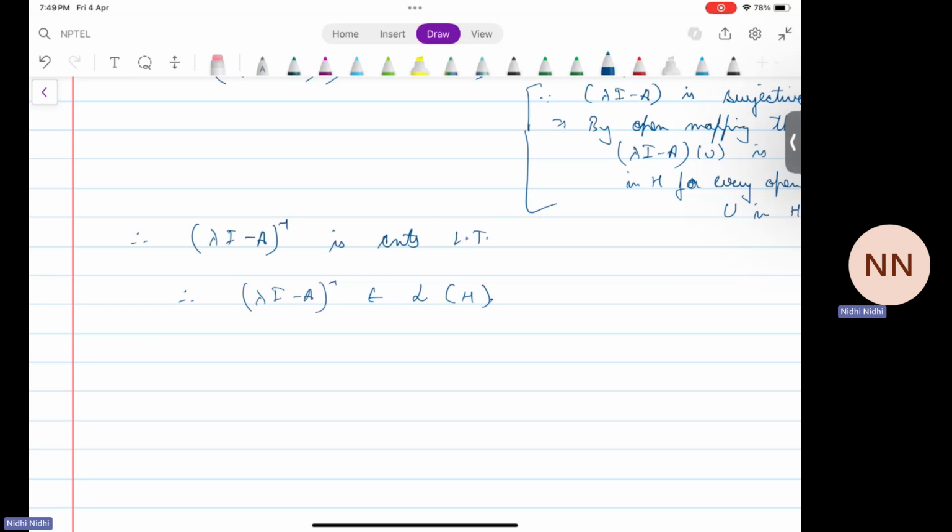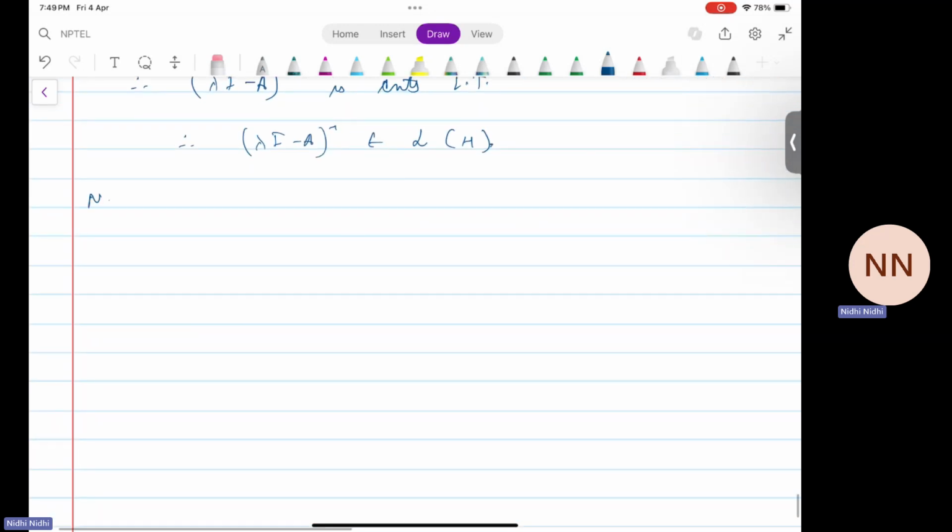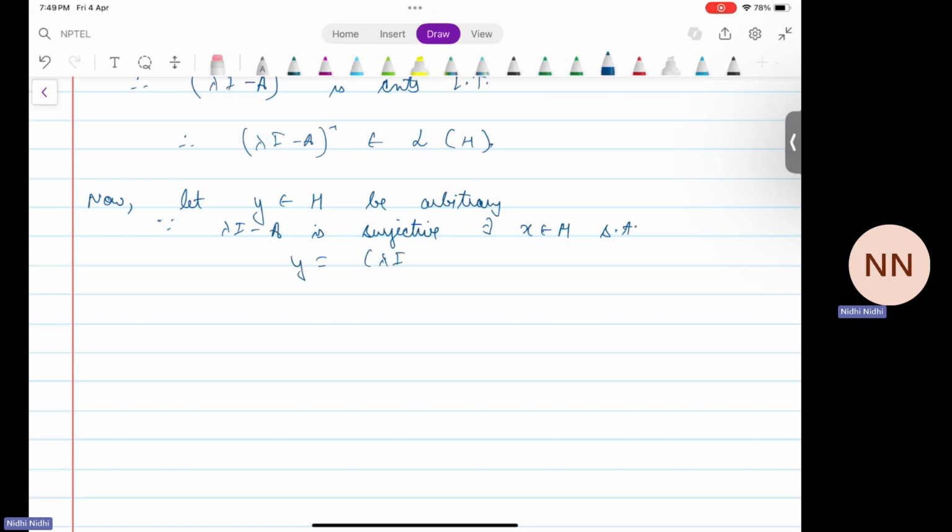Next, we need to show that its norm is less than or equal to 1 by lambda. Now, let y belonging to H be arbitrary. Since lambda I minus A is surjective, we can find some x in H such that y is equal to (lambda I minus A)x.